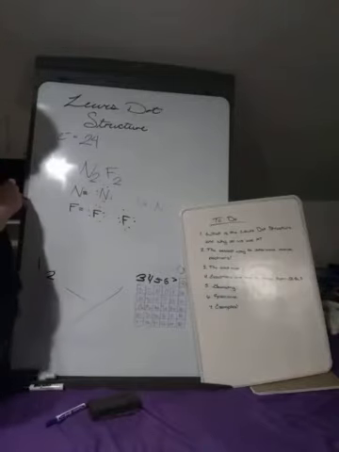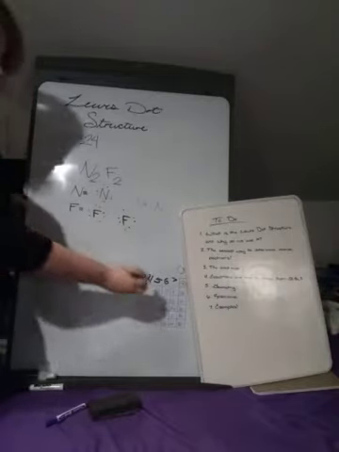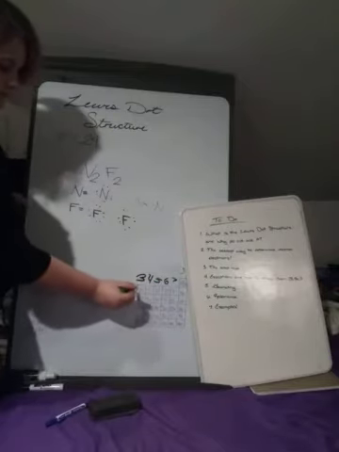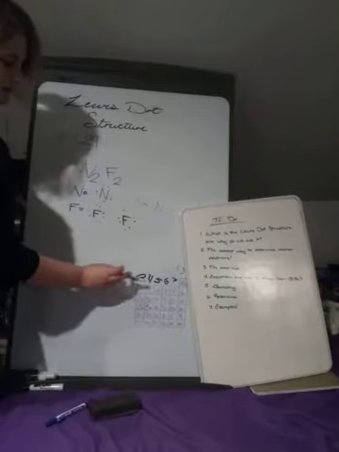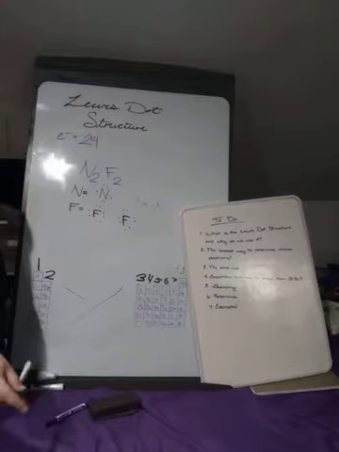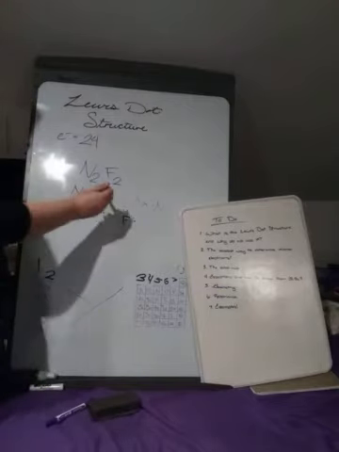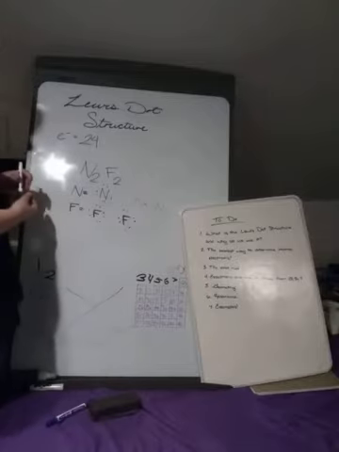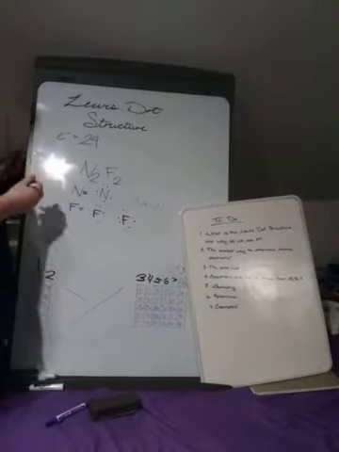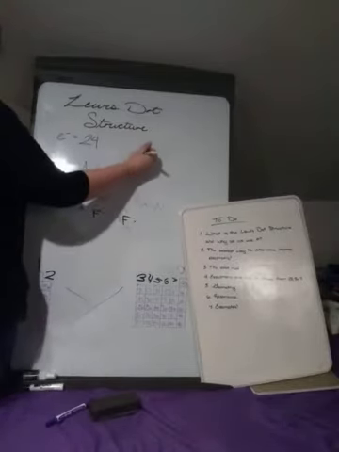Electronegativity tells us nitrogen would be our central atom. In this instance, we don't have a central atom, but that's fine because we do have 2 nitrogens. So that's perfectly fine. We're going to start working over here.